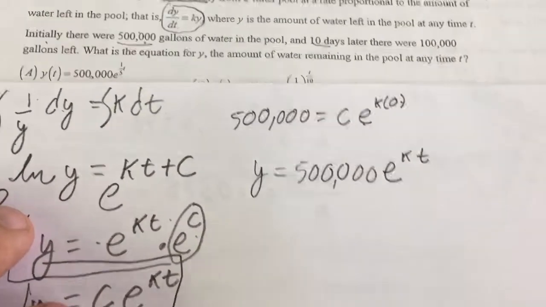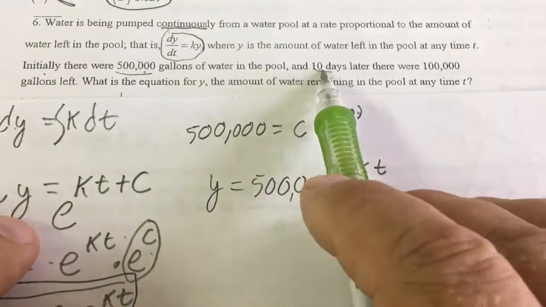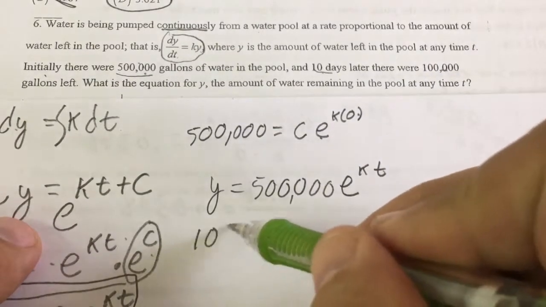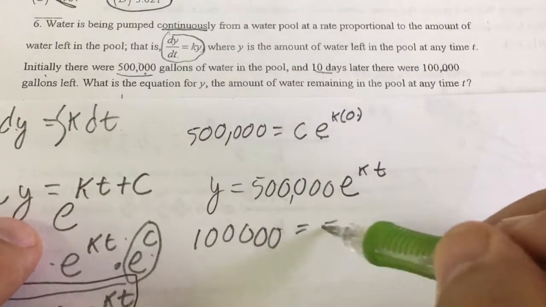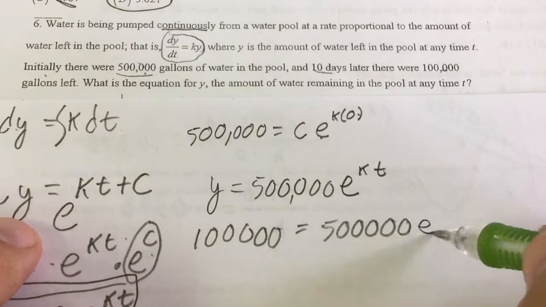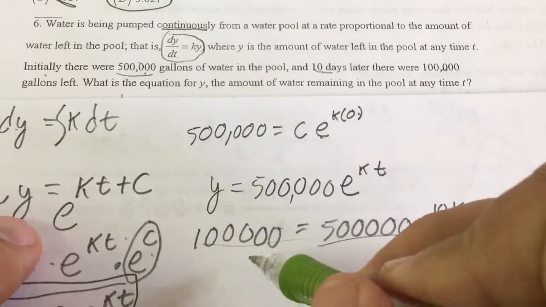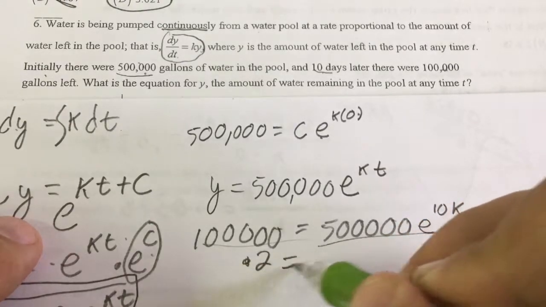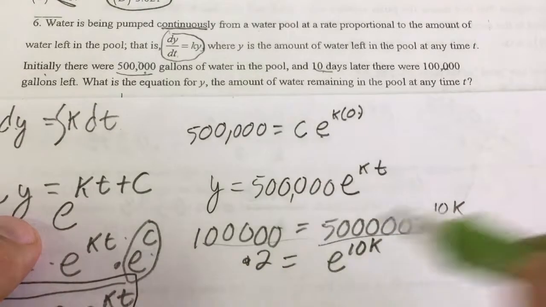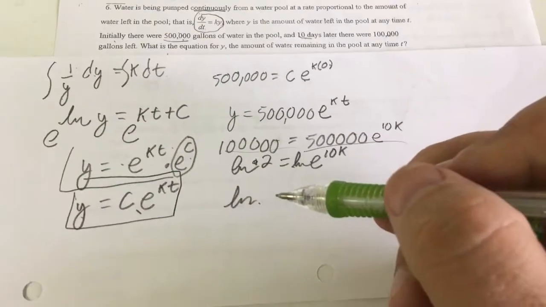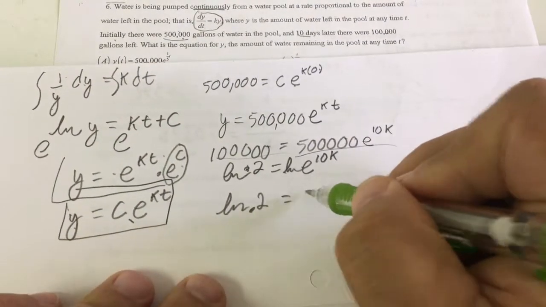So I'm going to solve it for k. Let's see. So when t equals 10, gallons equals 100,000. So that's going to give me 100,000 equals 500,000 e to the 10k. I divide both sides by 500,000. That's going to give me 1 over 5, which is the same as 0.2 equals e to the 10k. I ln both sides. So ln of 0.2 equals 10k.